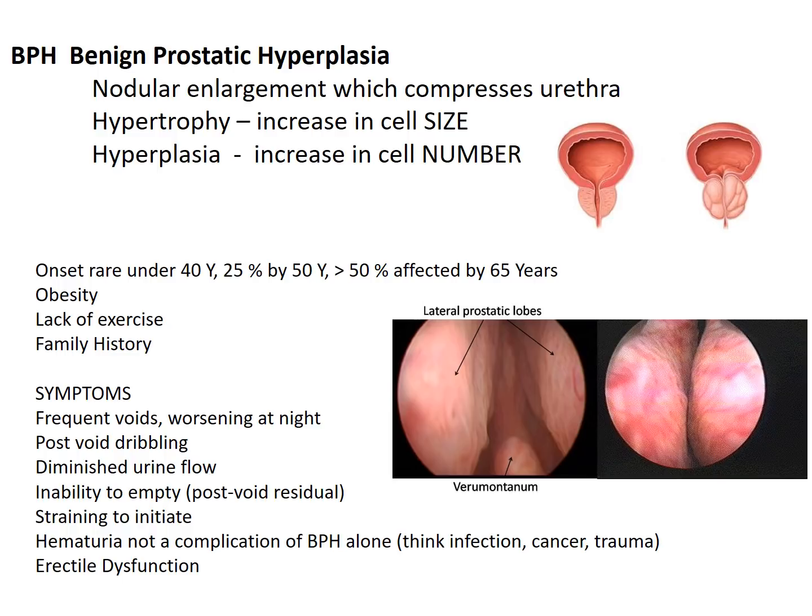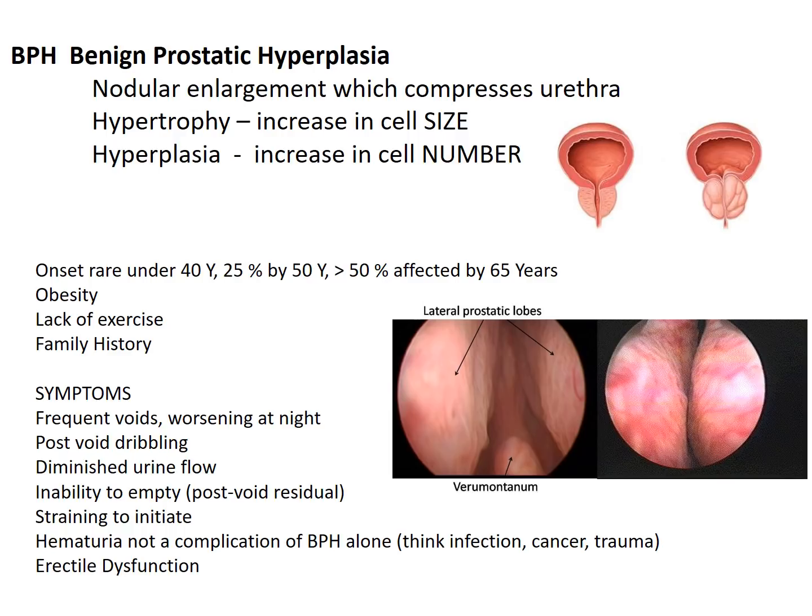Frequent voiding, particularly at night, waking up in the middle of the night to void, post-void dribbling, diminished urine flow, inability to empty the bladder, or what's referred to as a post-void residual. You guys all know that. Straining to initiate a flow, all common symptoms of BPH. Gross hematuria.